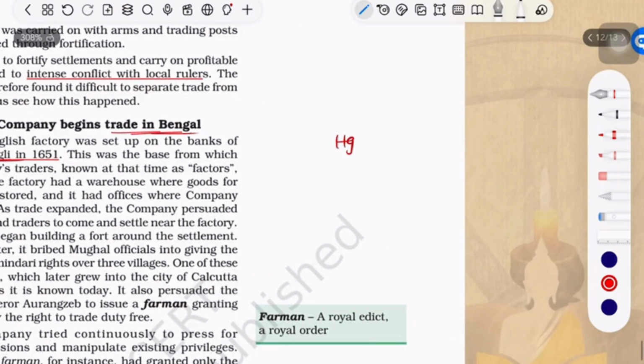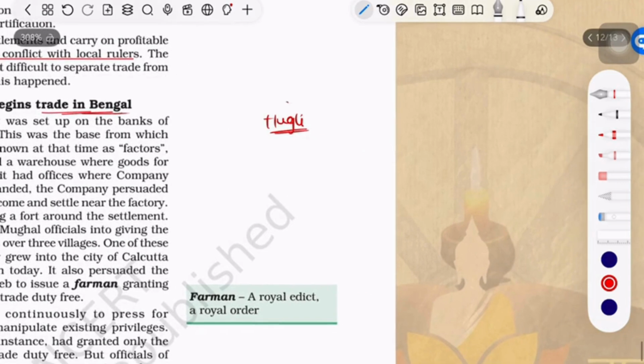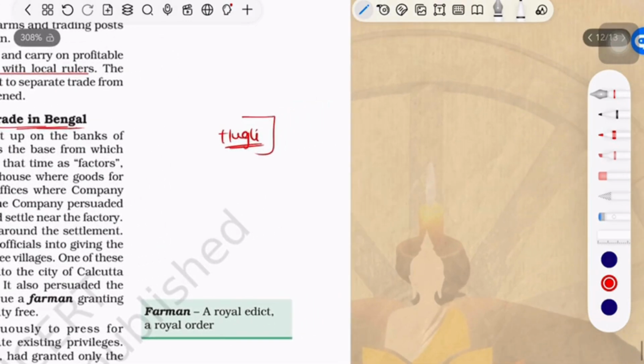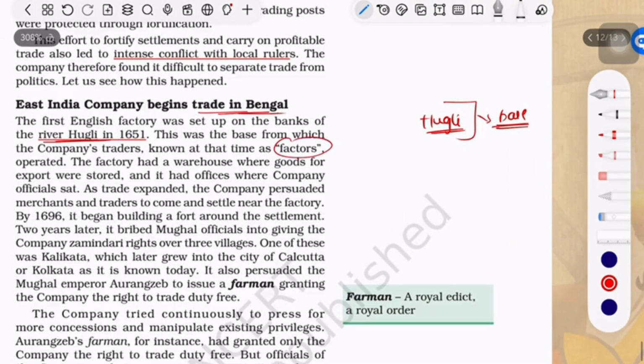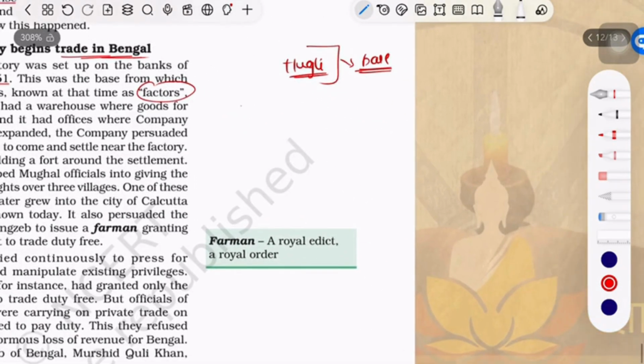This is important and can be a probable question in a one-liner exam. So the first factory was set up on the banks of river Hooghly, and it served as a base for the traders known as factors, right? And it served the purpose of a warehouse where they could store their goods, plus offices for the company officers.